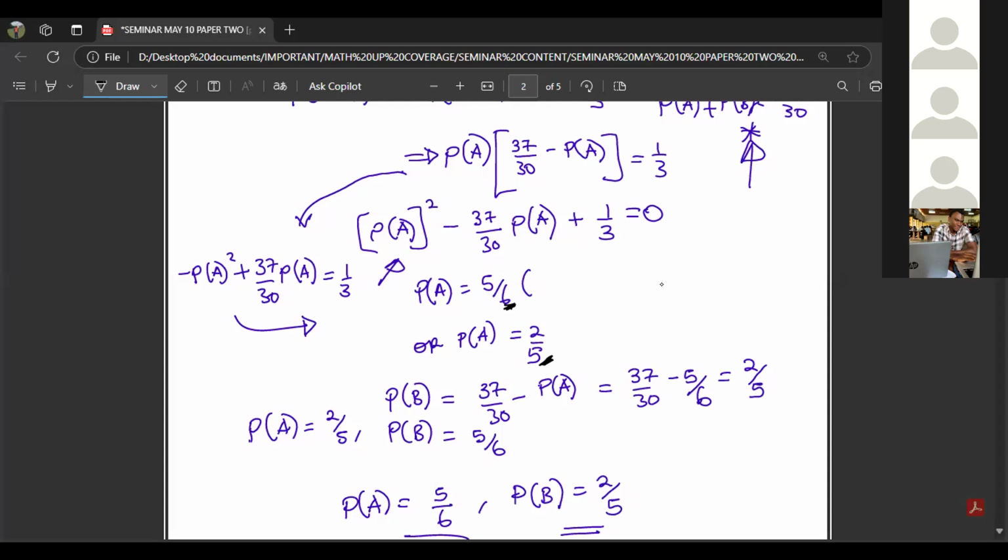When we checked, we found that if I use 5 over 6, I get 2 over 5, and if I use 2 over 5, I get 5 over 6. So I have to take the values such that the probability of A is greater than that of B. So that's why I took these two.